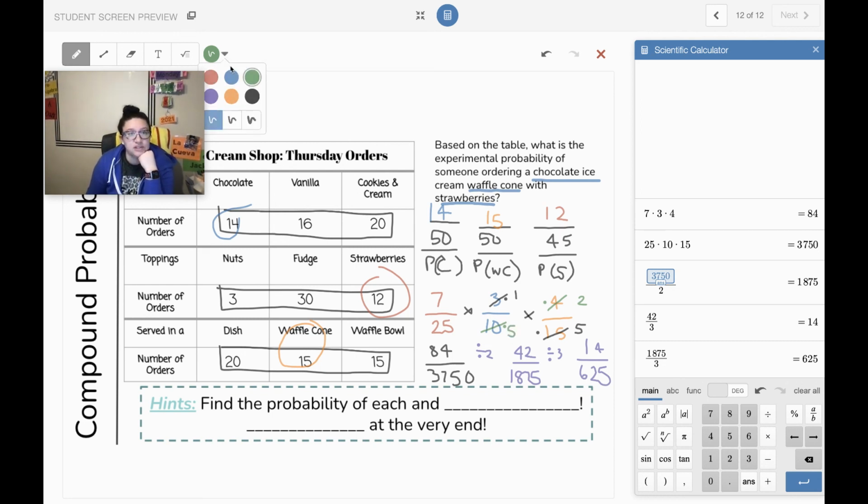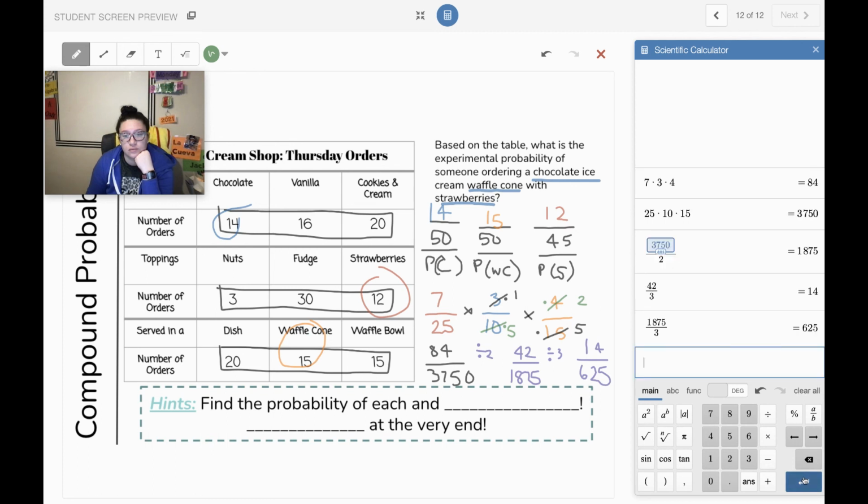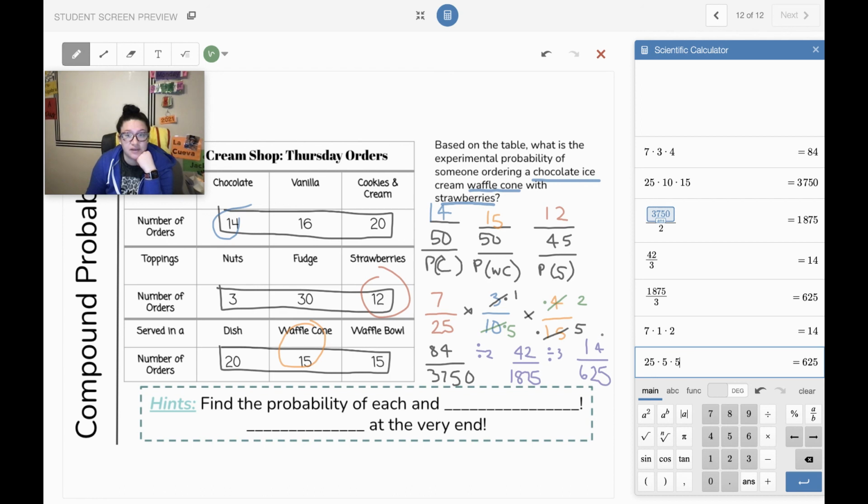And now if I remultiply, on my top I have 7 times 1 times 2. That gives me that 14 still. And then for my denominator, I have 25 times 5 times 5, which still gives me that 625.